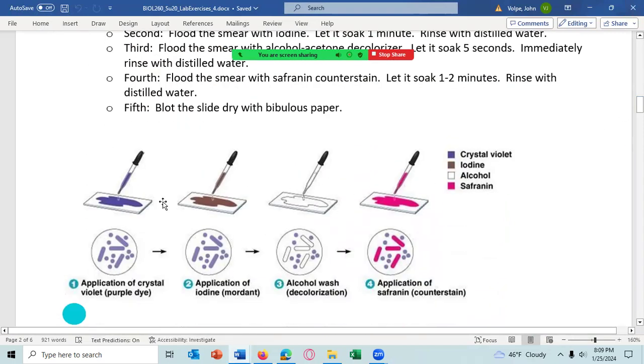First, you apply crystal violet. It will stain all the cells, both the gram positive and the gram negative, a bluish purple color. You then apply the Gram's iodine, and it will combine with the crystal violet to make a larger crystal structure or chemical structure.